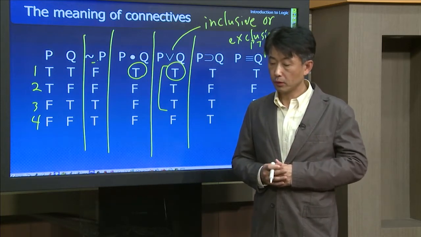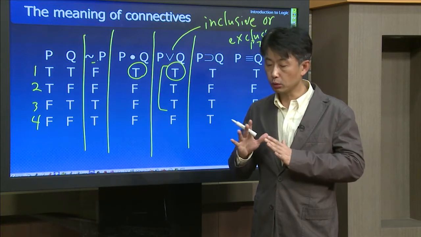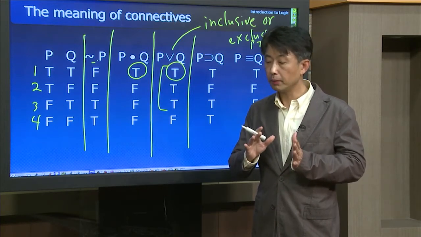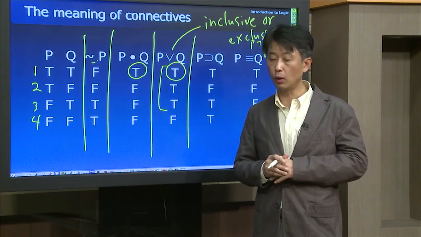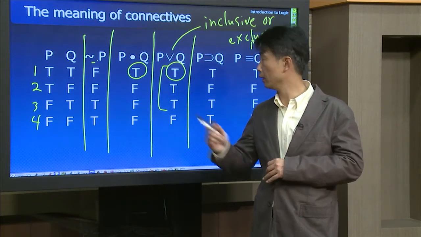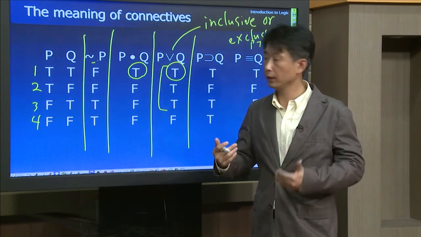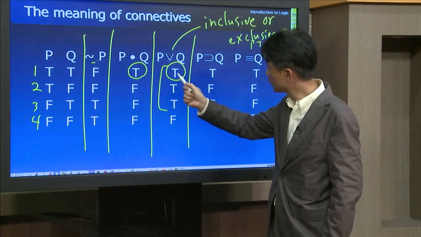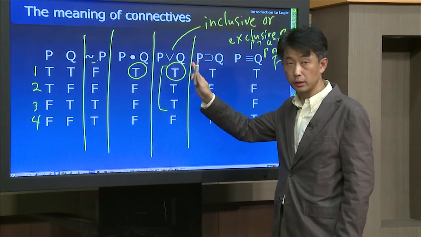So in English, "or" can mean either inclusive or exclusive. But in logic, we will just focus on the inclusive sense of "or", and wedge symbolizes the inclusive or. So when both of them are true, P or Q is true. Keep that in mind.